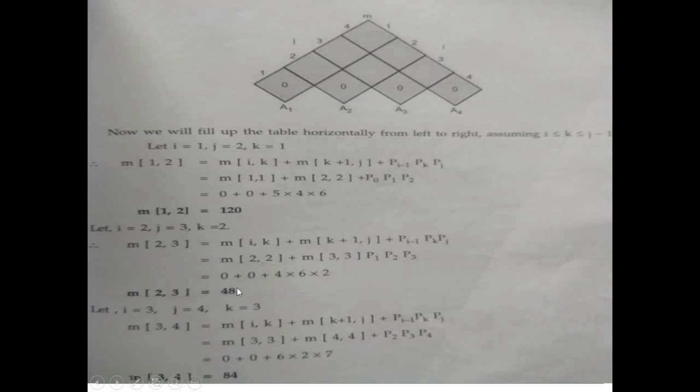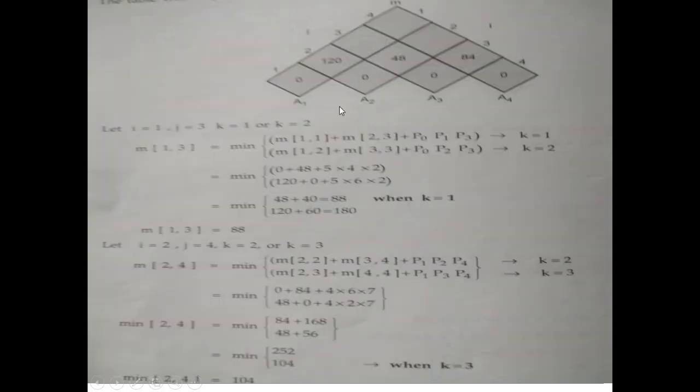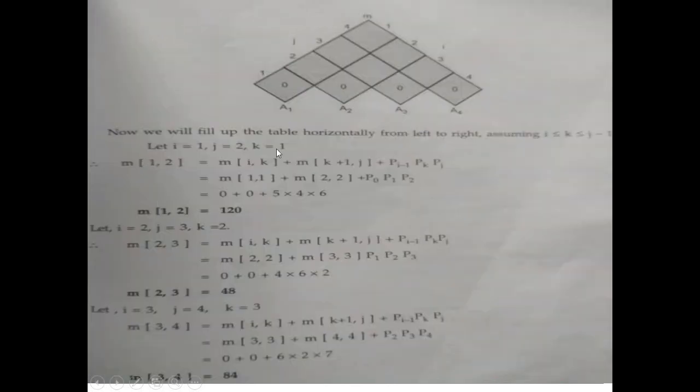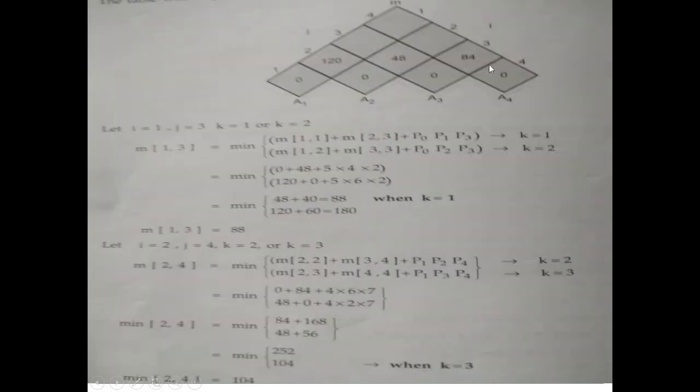So let's put 120, 48 and 84 in our figure. Here, for i to j, if we are calculating 1 2, then i to j means 1 to 2. If we are calculating 3 4, then i to j means 3 to 4. Okay, so this is the result.